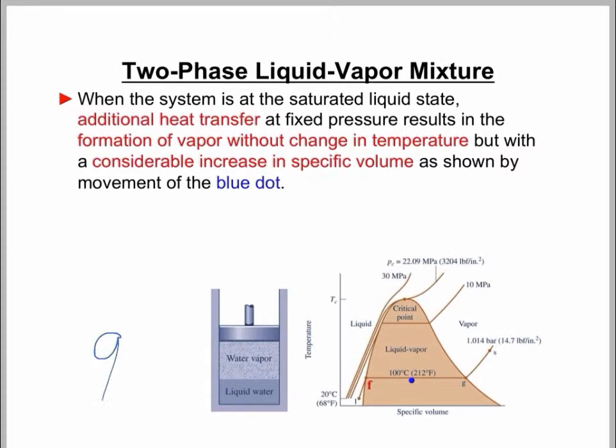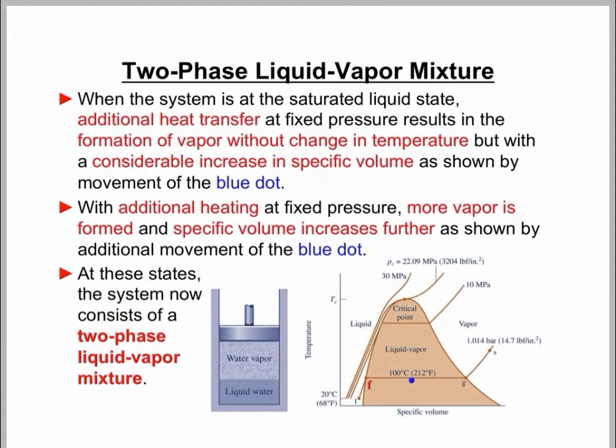As you continue to add more heat into this system, the volume has increased, and therefore we are now at this location here. So our specific volume, having gone from state f, we are over here, and you can see that we are approximately 50% liquid and 50% vapor.